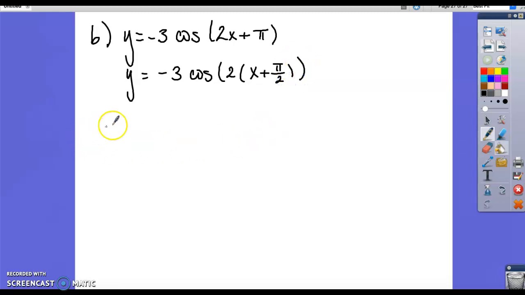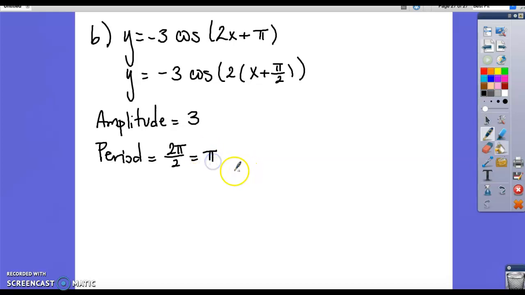So it looks like this. My amplitude is 3. My period is 2 pi over 2, which is pi. That means the distance between my critical points is going to be pi over 4.